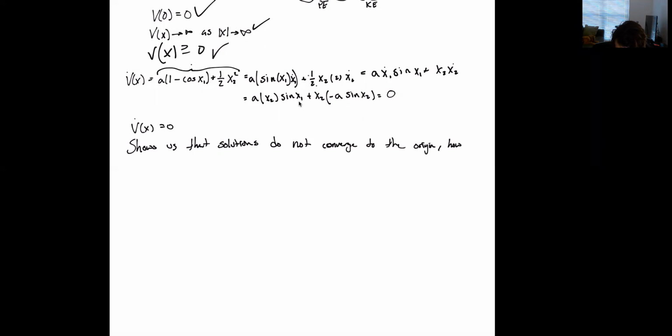However, they are bounded, which implies that for any delta that we bound our solutions to, we can find that epsilon, which is in this case equal to delta, such that our solutions stay within that epsilon ball.